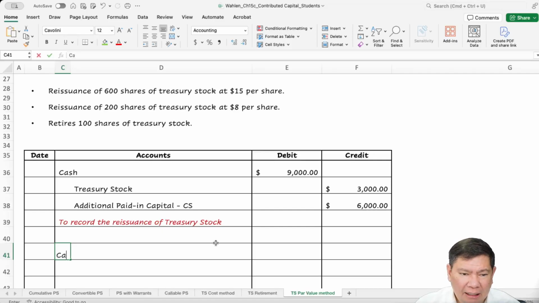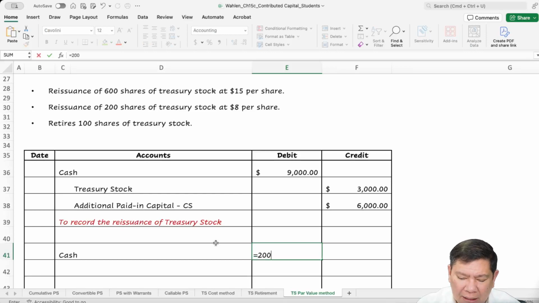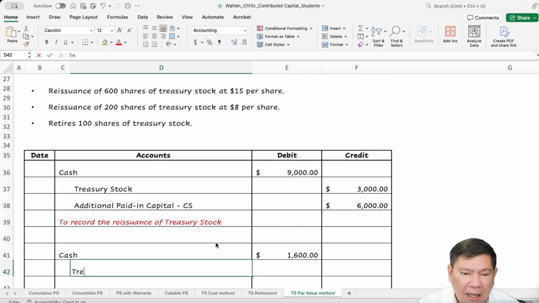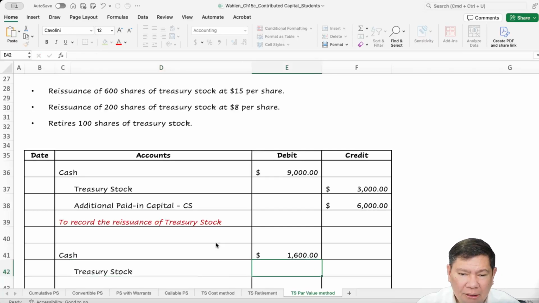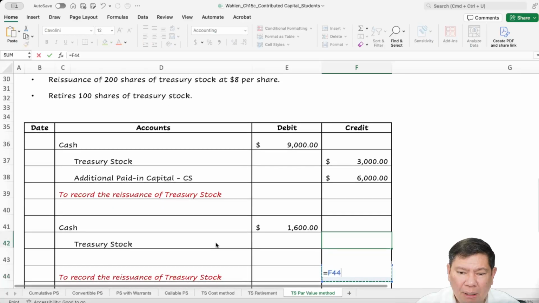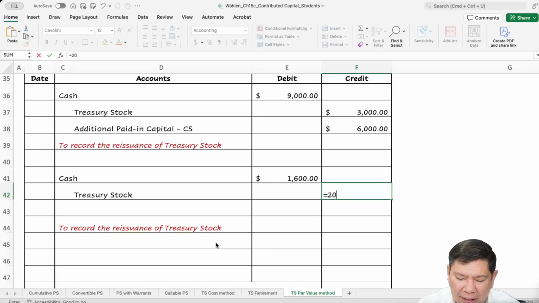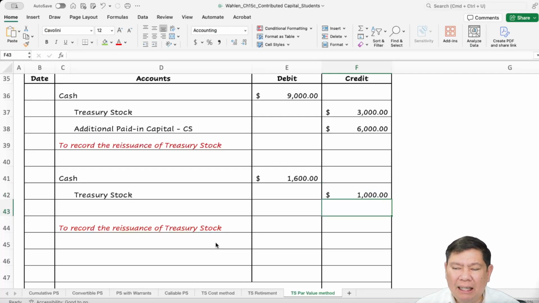And then for the next transaction, the company sold 200 shares of treasury stock at a loss, at $8 per share. Cash equals 200 shares times 8, $1,600. We have to reduce our treasury stock for the amount that we sold, but because we're using the par value method, this is going to be 200 shares times 5, $1,000.